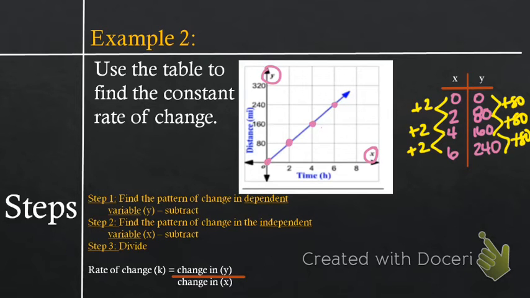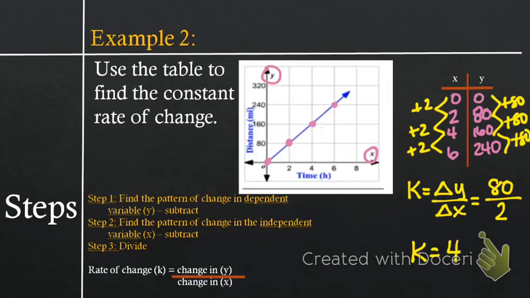To find our constant rate of change, which is our k, it is our change in y over our change in x. Our change in y is 80, our change in x is 2. So 80 divided by 2, we get 40. So our k, our rate of change, is 40.